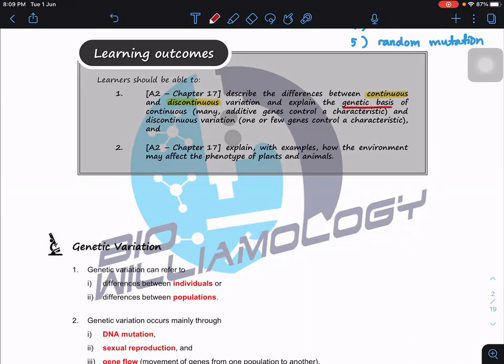Why does this variation belong to continuous? Why does this variation belong to discontinuous? For the basis of continuous, we're going to look at many genes, additive gene effects, and for discontinuous, we're going to look at one or few genes that control characteristics. I will go through the detail later.